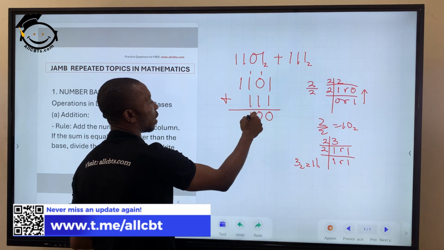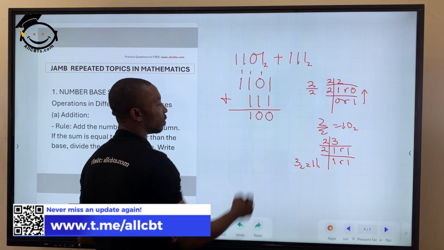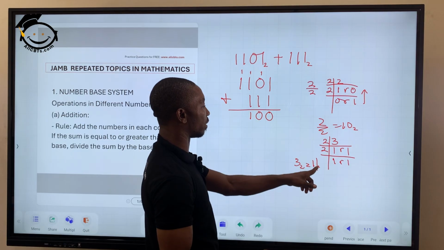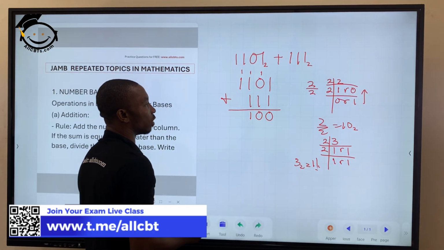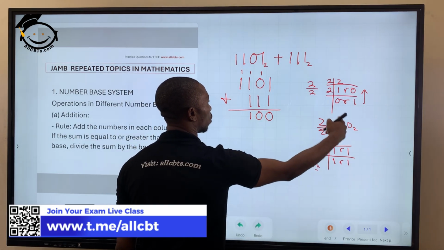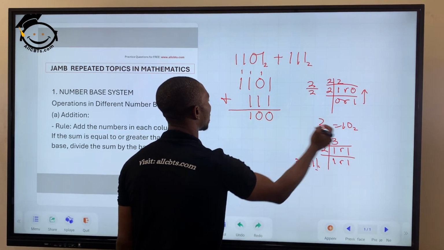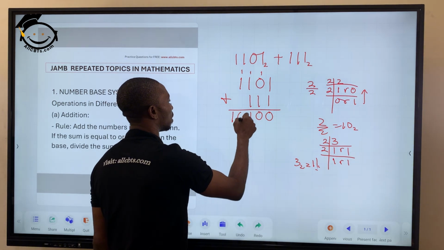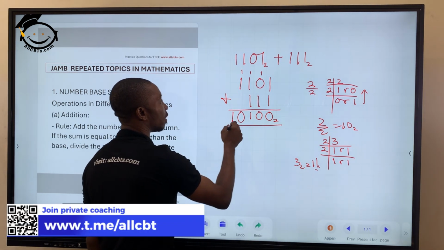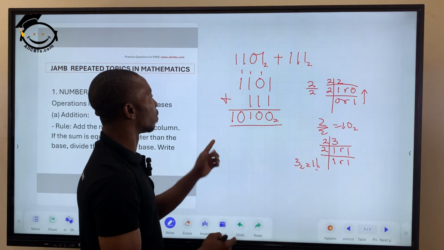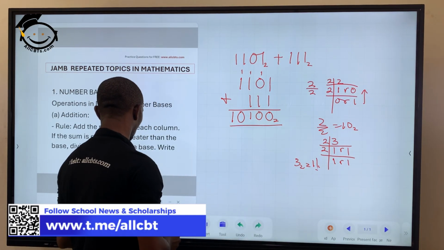Here we write 1 and carry 1 over. So 1 plus 1 gives us 2, which makes it 10. We write down our 10 since there is no other digit. So this is our answer for 1101 plus 111 in base 2.